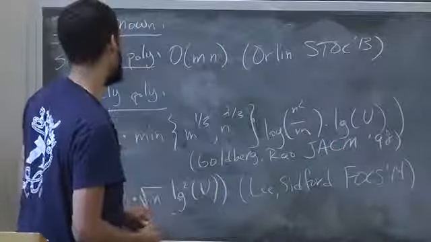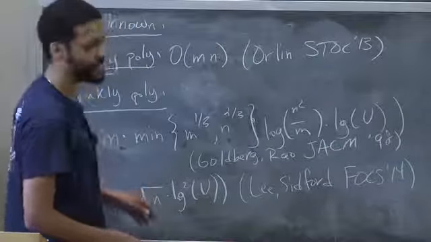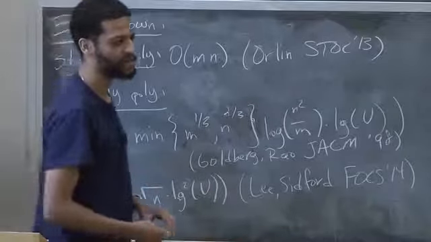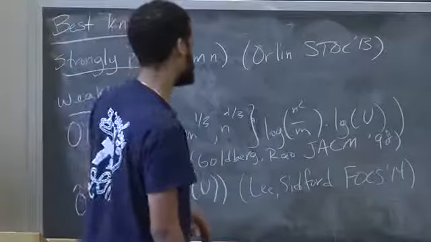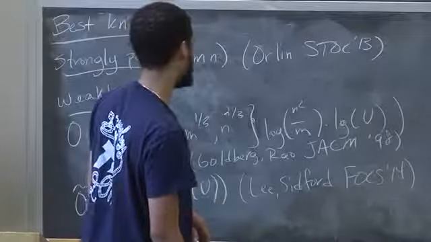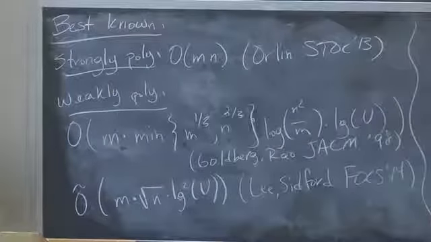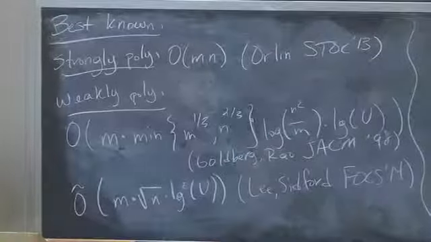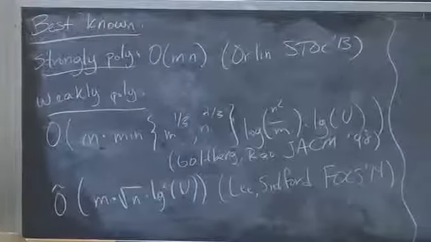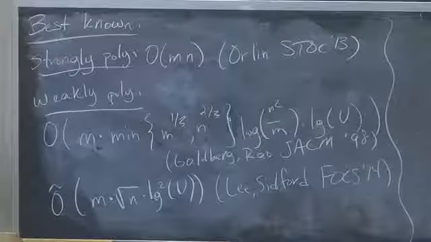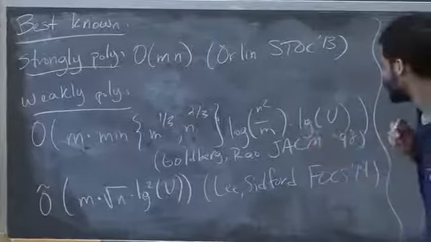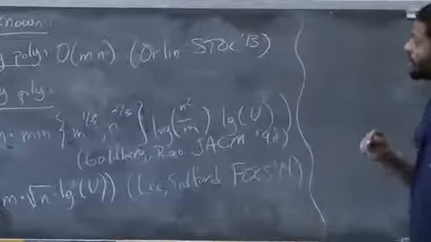And you can also get m to the 10/7 in unit capacity graphs up to logs, and that's due to Madry in FOCS 2013. So this is the state of the art.